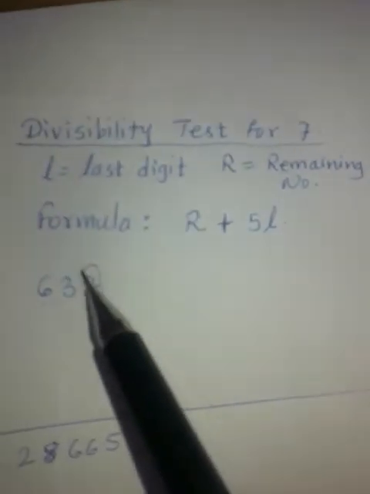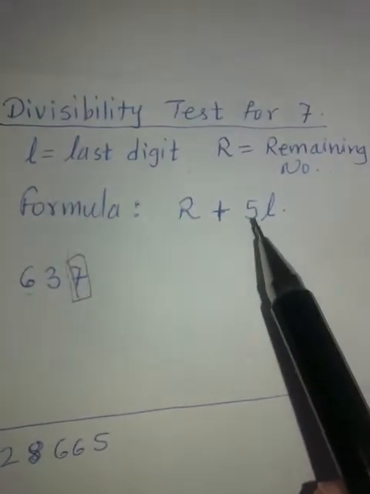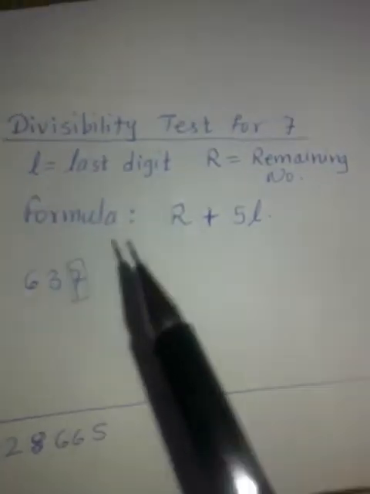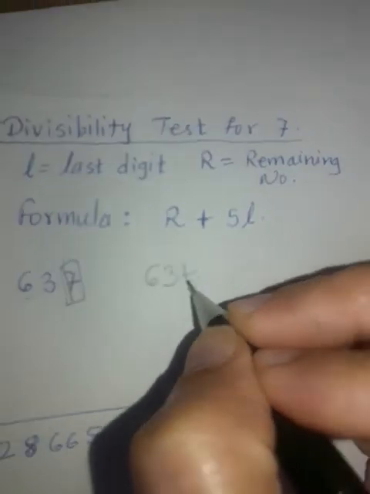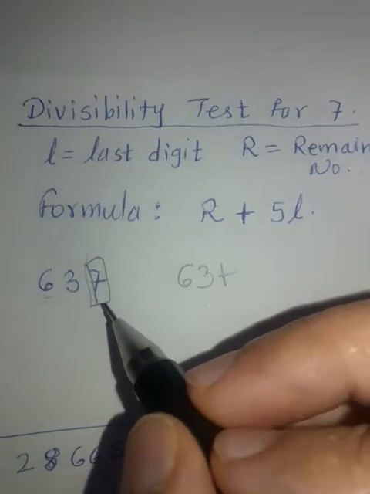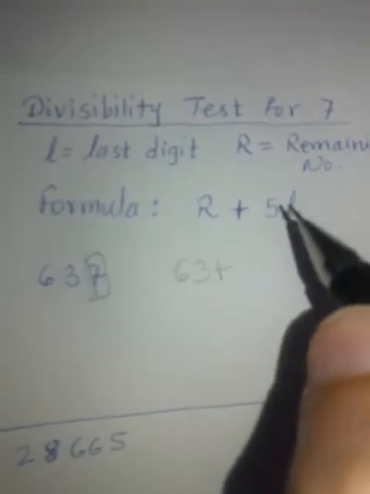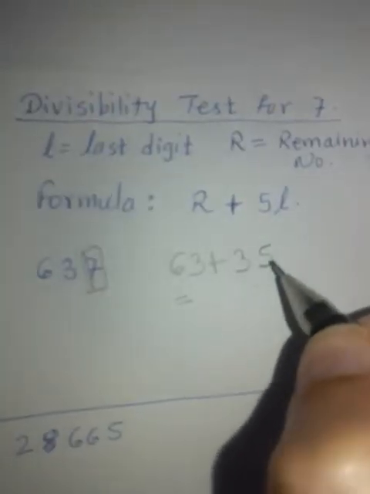So I am just going to put this in the formula. Formula is R plus 5L. R is the remaining number, 63, and 5L means 5 multiplied by the last digit. Last digit is 7. 7 5s are 35. And I am going to add them.